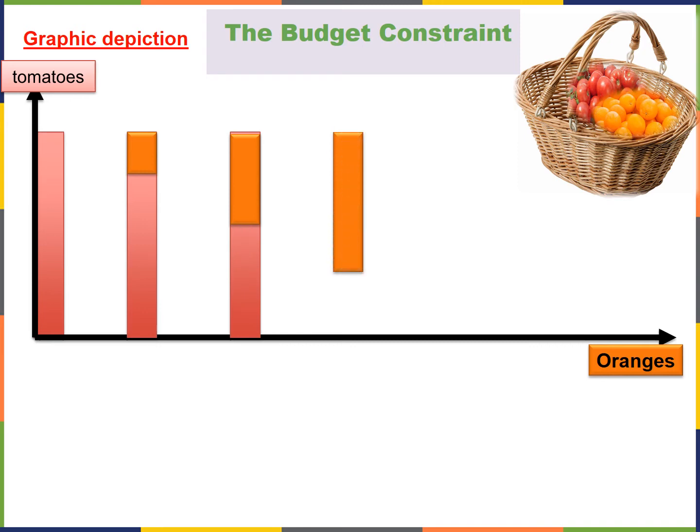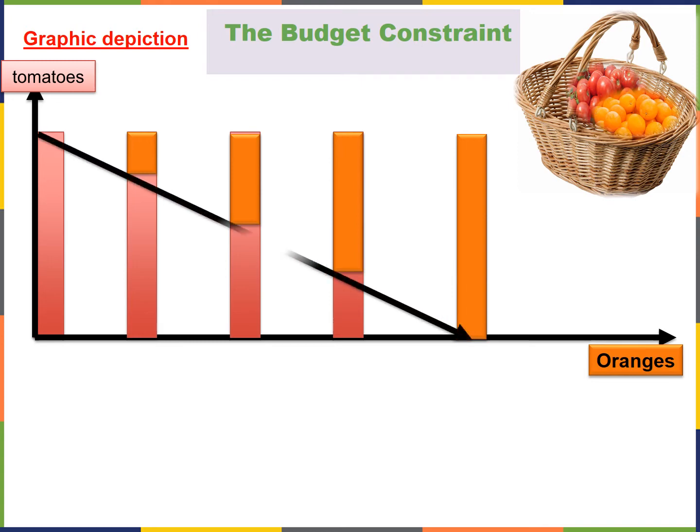If all that we purchase is oranges, we purchase no tomatoes. And a pattern appears, a straight line, which is called the budget constraint line, that we'll discuss a little further down.